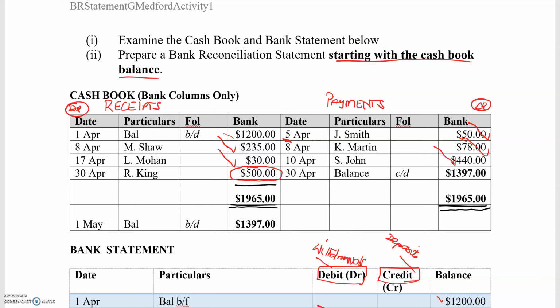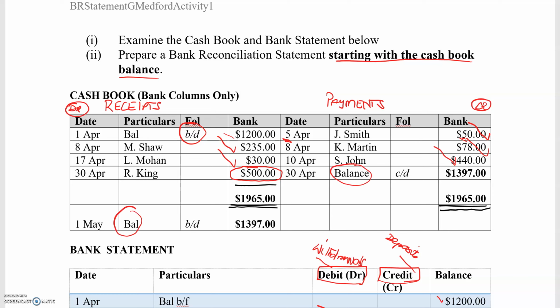So as you would recall, part 2 of the question says, prepare a bank reconciliation statement starting with the cash book balance. What cash book balance are they speaking about? So there's a balance here, there's a balance here, and there's a balance here.